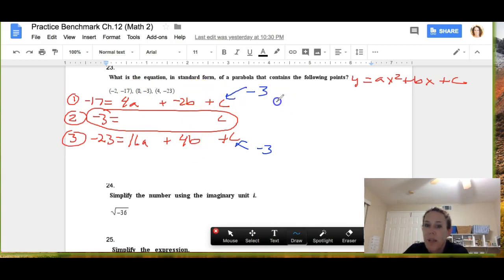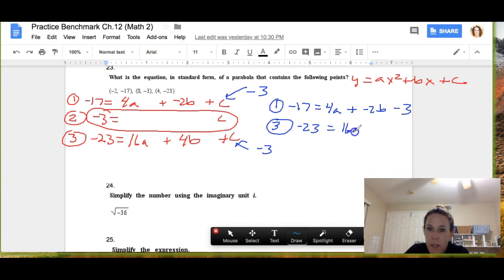So let's do that. Here's equation 1. I'm going to write it as negative 17 equals 4a plus negative 2b, and I know c is negative 3. Plug it in. And then here's equation 3. I've got negative 23 equals 16a plus 4b, and then we know c is negative 3.